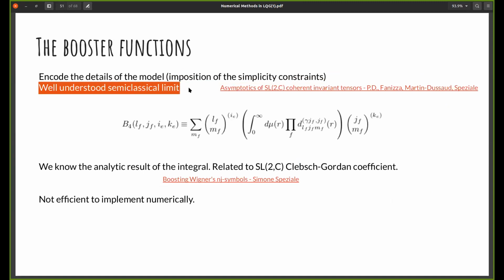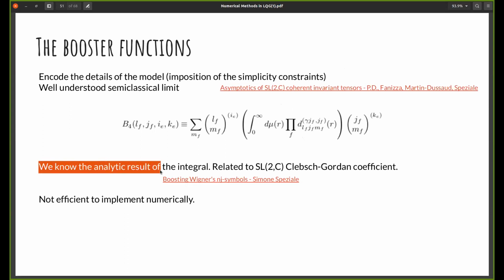This object also has a very nice and well understood semi-classical limit. We very recently managed to publish finally, after 1 year of no answer from the journal, the paper. And we already know the result of this integral analytically, and it is related to SL(2,C) Clebsch-Gordan coefficients.